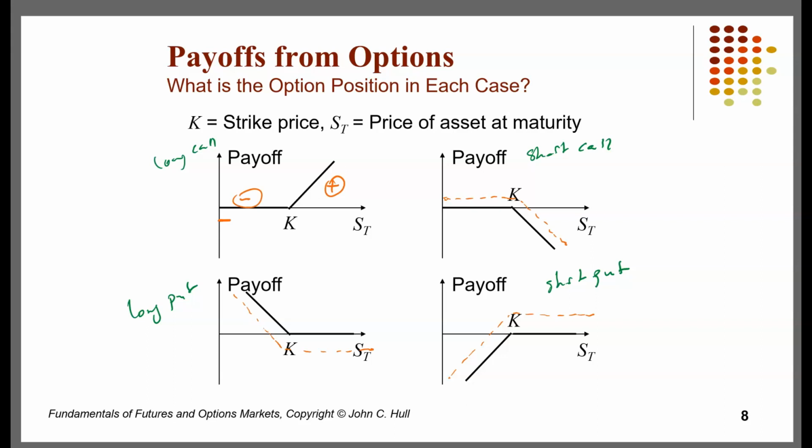So the payoff for the long call is going to be the maximum of the stock price minus the strike price, that's ST minus K, and 0. Why 0? Because we are not going to exercise the option at all if this is not a positive value.